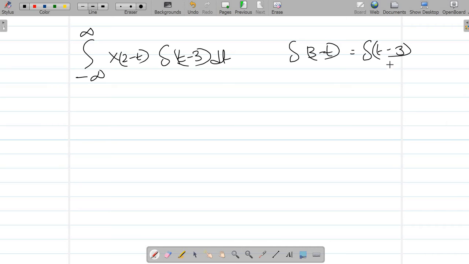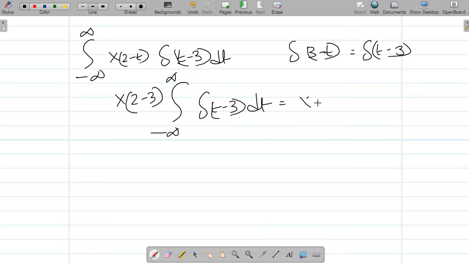So I can replace delta 3 minus t by delta t minus 3. Now this becomes very simple. All that I have to do is substitute for t in x. So it becomes x of 2 minus 3 times the integral from minus infinity to plus infinity of delta t minus 3 dt. Now the answer is x of minus 1.